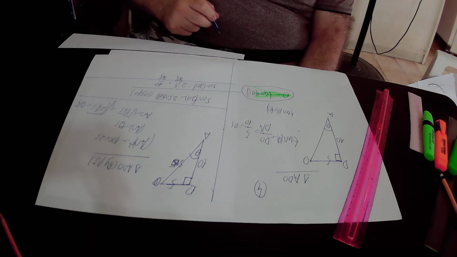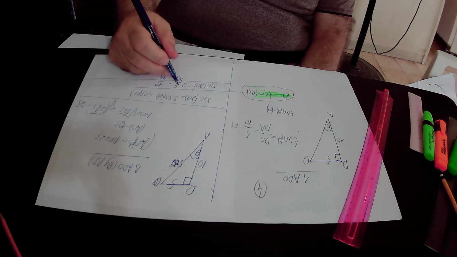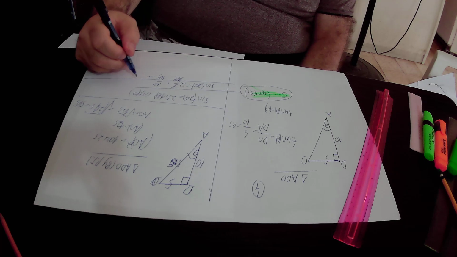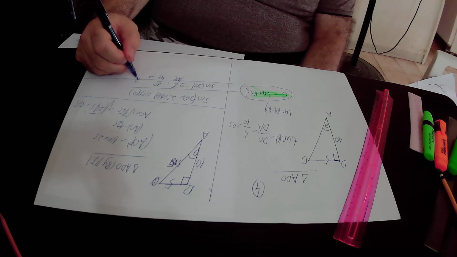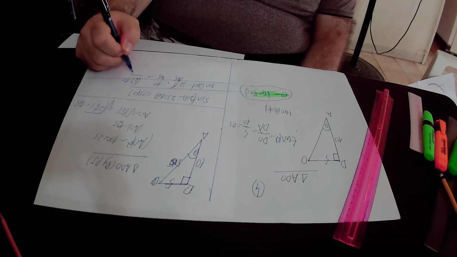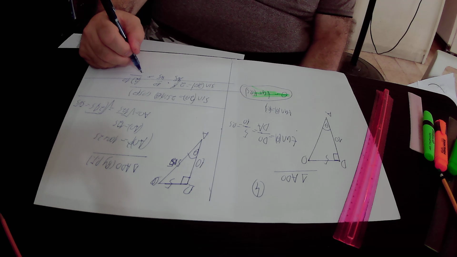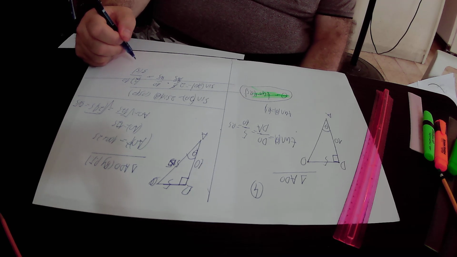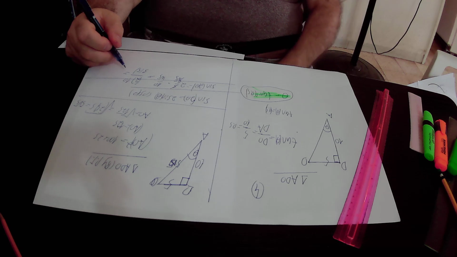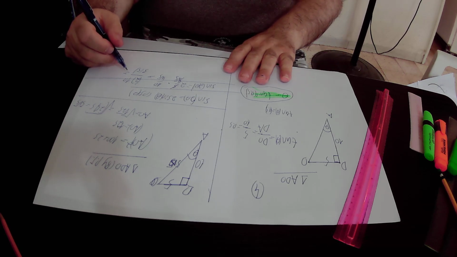Okay, so here we have 5 in the numerator and 5 in the denominator, so 5 will get cancelled. So here we have in the numerator 2 times 10 over square root of 5 times square root of 5 is 5 times 5. Okay, so here 10 over 5 is 2.